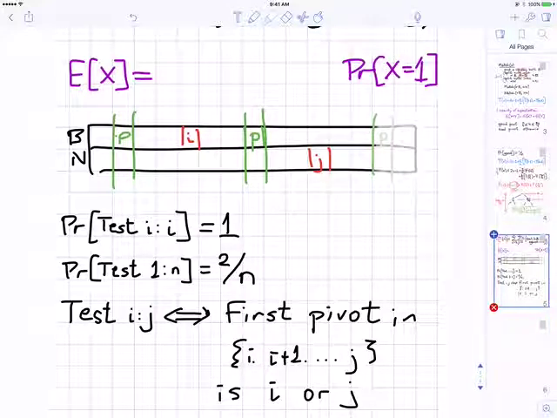Similarly, if the first pivot I choose is on the left, the induction hypothesis implies this characterization.